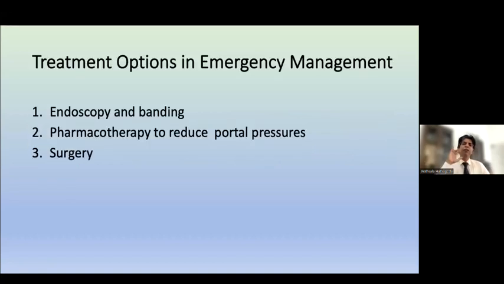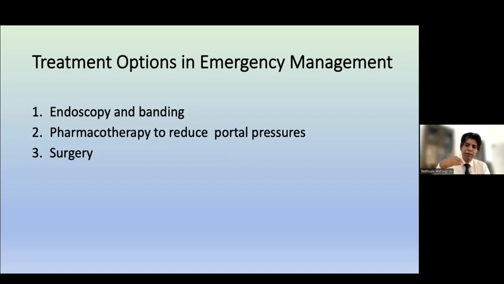So the treatment options for emergency management. Before that, what we need to think principally is that this is probably one of the commonest gastrointestinal emergencies apart from severe dehydration due to acute gastroenteritis. This is very dangerous, and we feel afraid when we see a child vomiting blood.